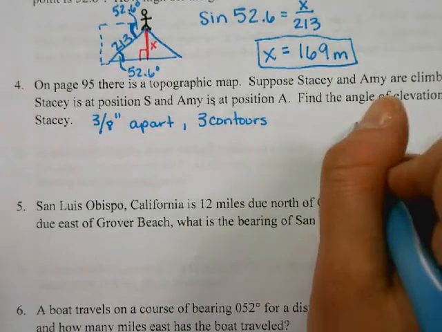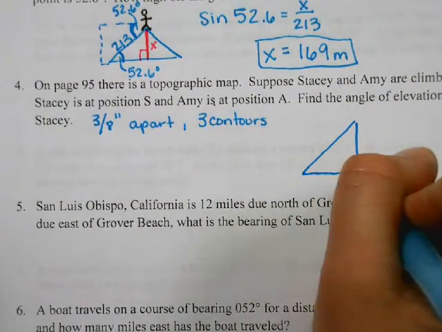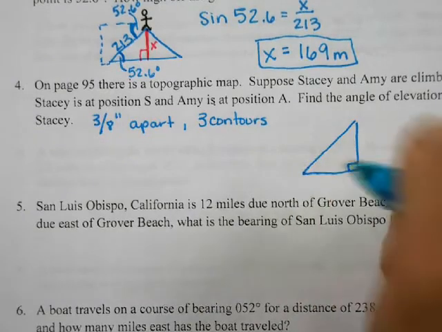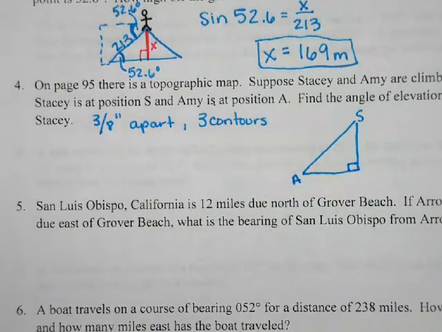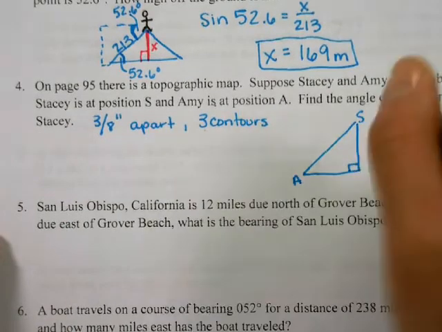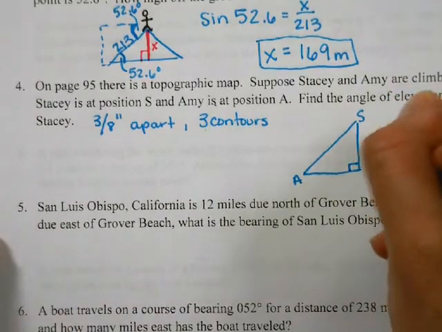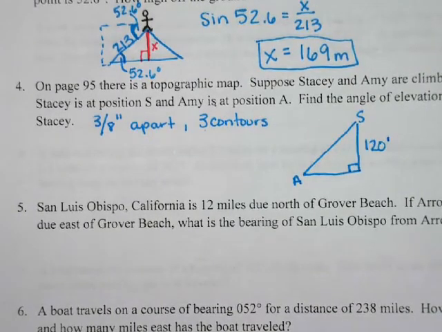They're climbing this mountain here, or this peak, excuse me, Bishop's Peak. And we decided that Amy is further away from the top than Stacy is. So at 3 contours, that means that they are 120 feet apart like that. Does that make sense? Height-wise.